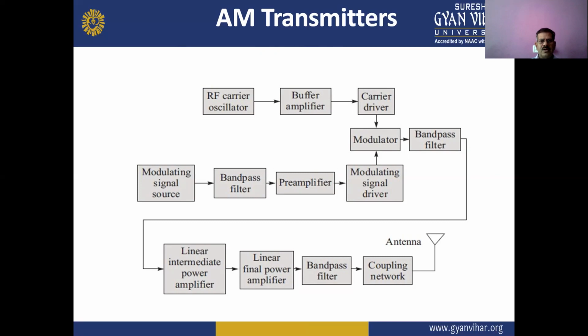So RF carrier oscillator, buffer amplifier and carrier driver, modulator, band pass filter, antenna coupling network, band pass filter, linear final power amplifier, and linear intermediate power amplifier, band pass filter, and modulating signal source and pre-amplifier. So these are the different devices that combine to make an AM transmitter.